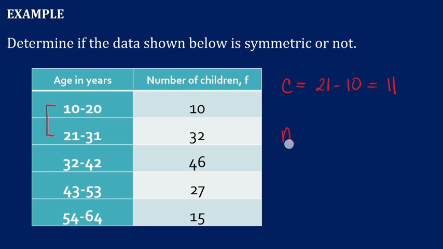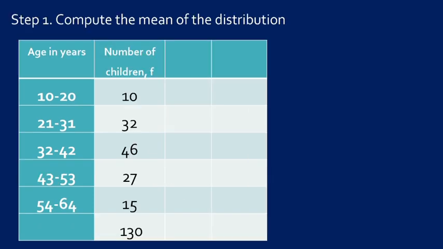Next, we're going to solve for the total frequency n, and that is by adding 10 plus 32 plus 46 plus 27 plus 15, giving us an n equal to 130. So having these values, we now proceed to the computation of the mean.